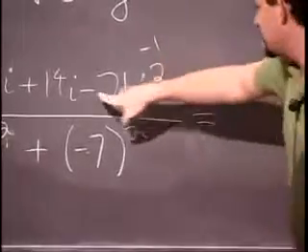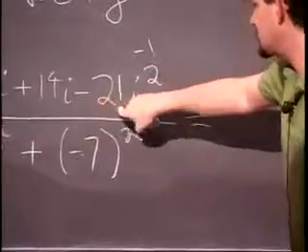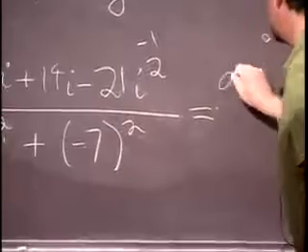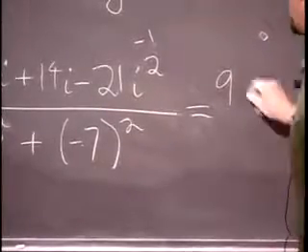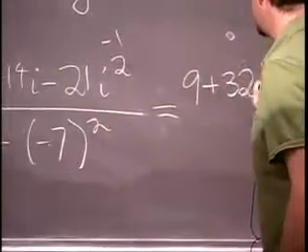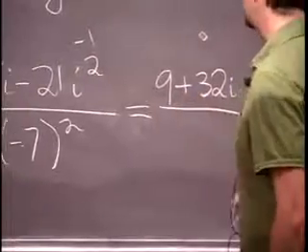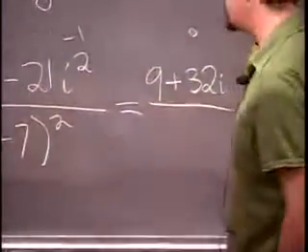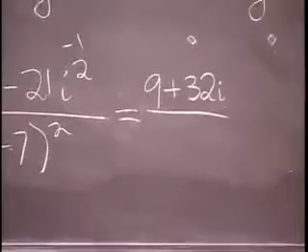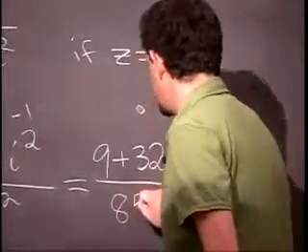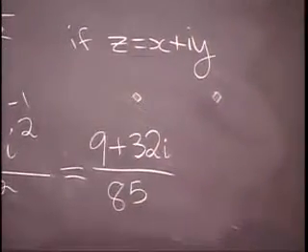So actually, this will give me a plus here, and I'll get 21 minus 12 is 9. So I get 9 plus 32i, all over 6 squared is 36, 7 squared is 49. I add them up. 49 plus 6 is 55, plus 30 is 85. I get 9 plus 32i over 85.